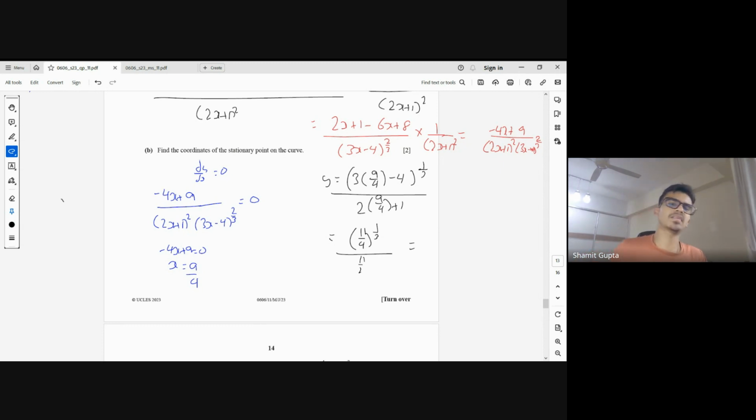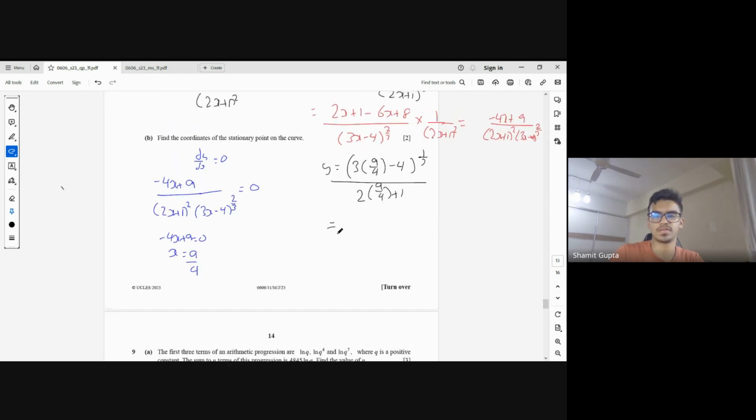Okay, maybe we can leave it. There should be a way, but I don't think you'd want to go into that much detail. You should be allowed to leave it to three decimal places. If we check the mark scheme, and it gives an exact value, then we will do the exact value.